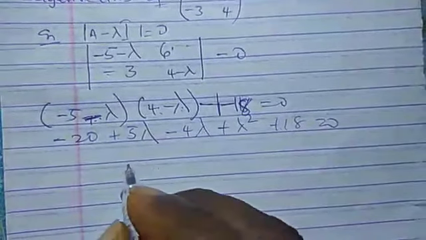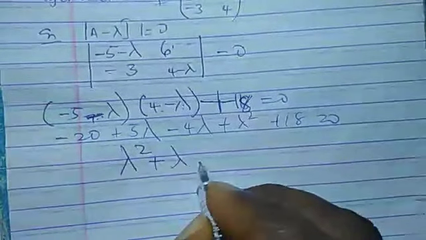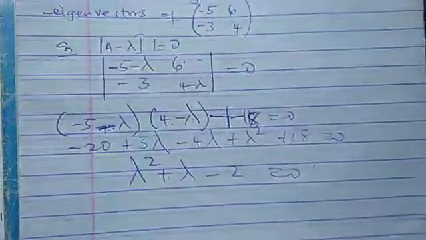Then we need to simplify. When we simplify, we have lambda square plus lambda minus 2 equal to 0. So this is the required equation. So to find the eigenvalues, we solve this quadratic equation.